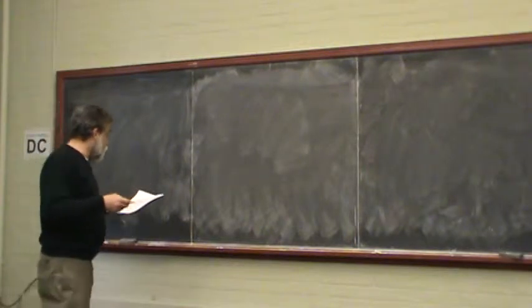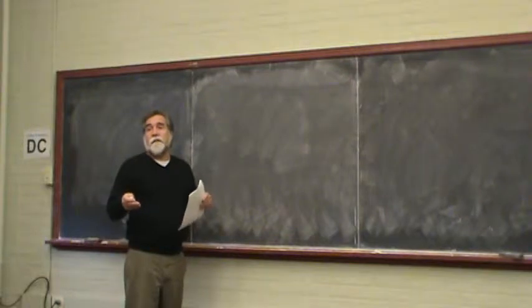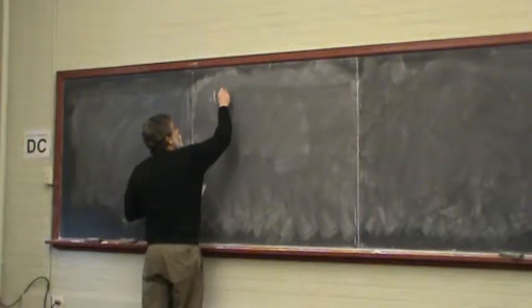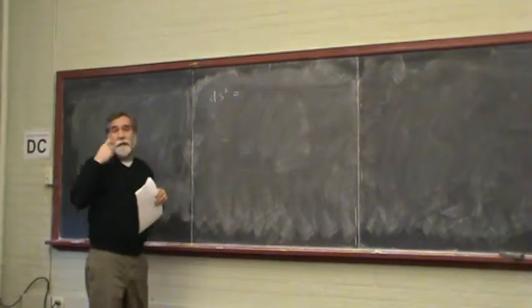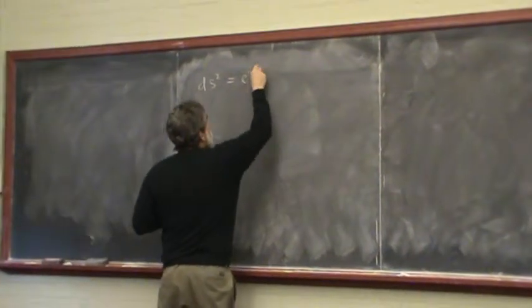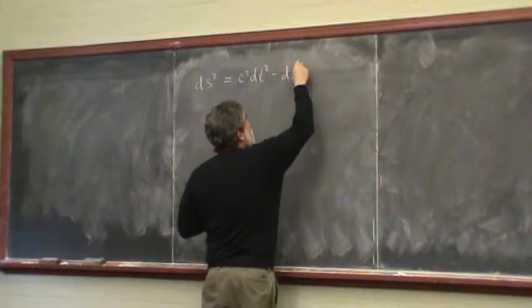So we have a space-time interval that we've already talked about, which was the ds squared. So this was a relativistically invariant quantity. There's c squared dt squared minus dx squared.